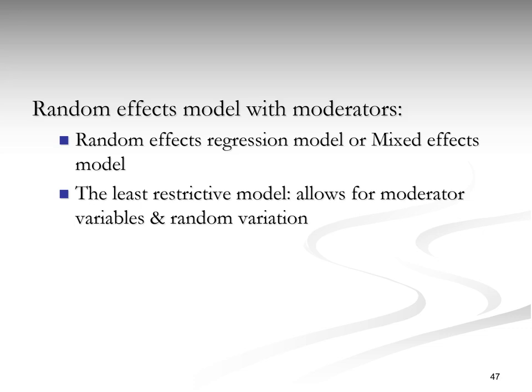Or if there is no effect of the moderator, and if there is also no random variation in population effect sizes, then the mixed effects model automatically simplifies to the first model we started from, the fixed effects model without moderators.